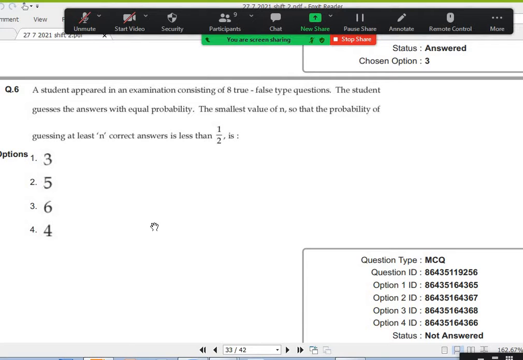Okay, sixth. A student appeared in an examination consisting of 8 true or false type questions. The student guesses the answer with equal probability. The smallest value of n, so that the probability of guessing at least n correct answers is less than 1 by 2. This kind of question is there in binomial distribution.